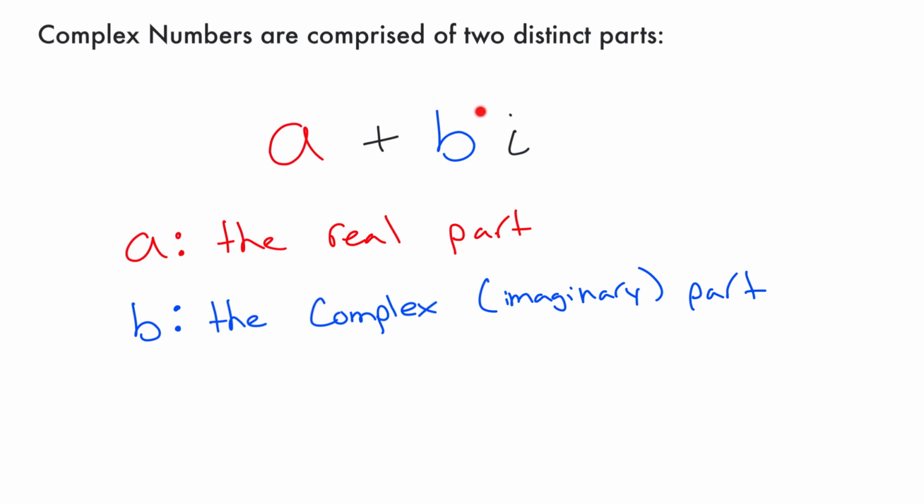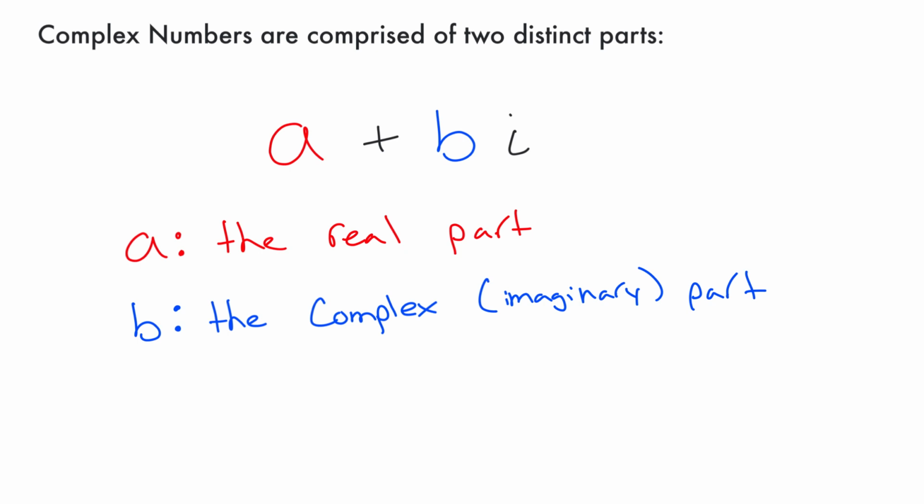If b is ever 0, you are not dealing with a complex number because the complex component would zero out, and you would just be left with the real part, which would then just become a real number. So the b value must be a number other than 0.